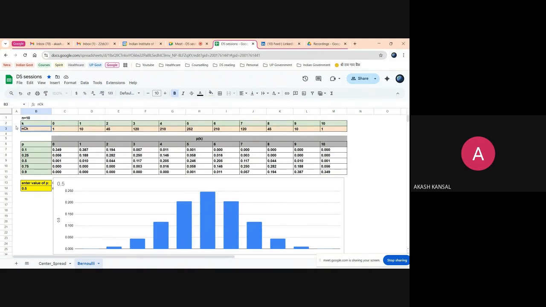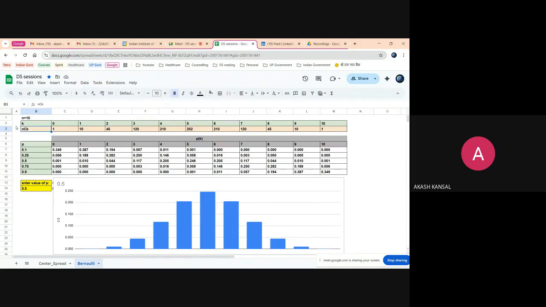The factor nCk will be 1 if k is 0, and so on. You can just use a formula as well, or derive it mathematically. It's just n factorial upon k factorial into n minus k factorial. So these are the coefficients that you will get for 10Ck, because n is 10 here.